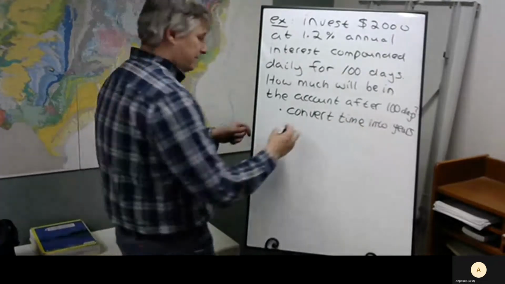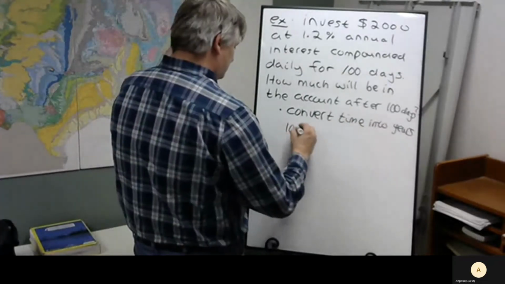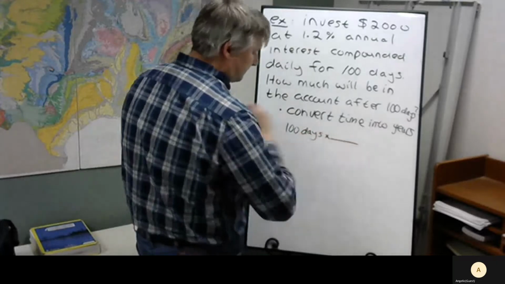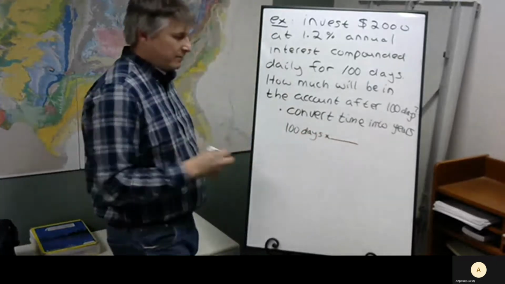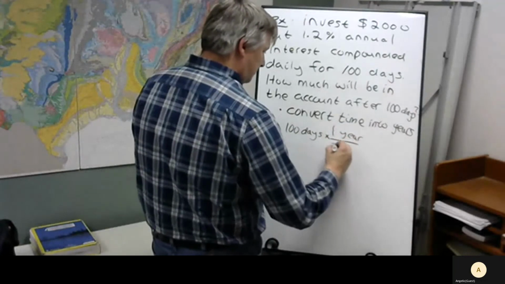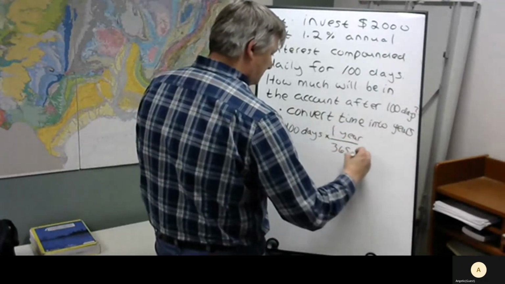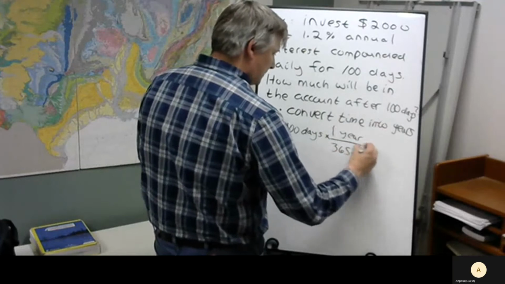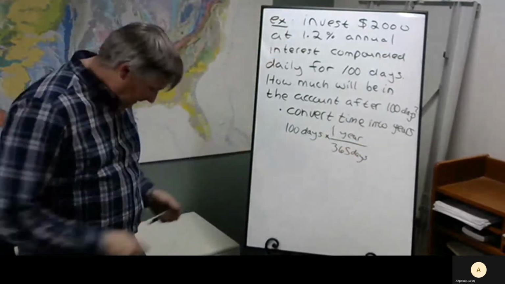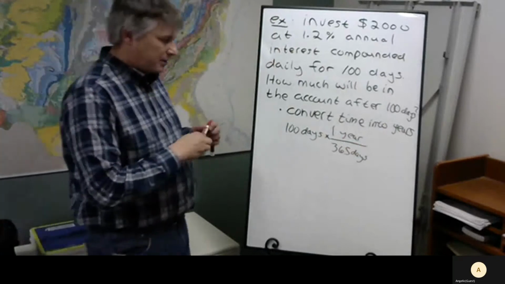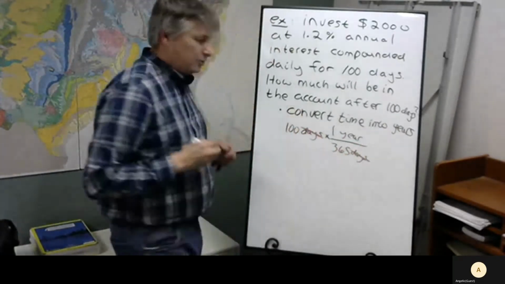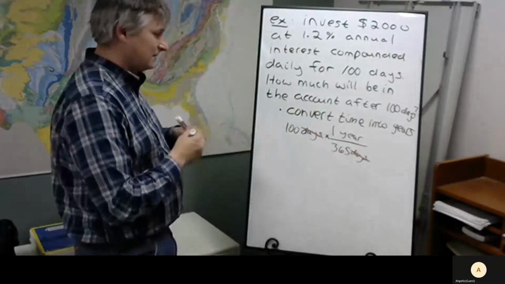So the way we can do that, take 100 days, and we have 1 year is 365 days. So we can use that conversion technique from before and make sure it's working. Our days should be canceling out. We should be left with a year.